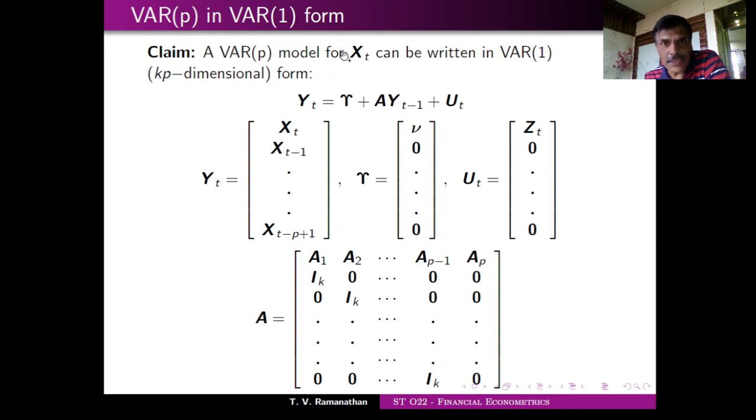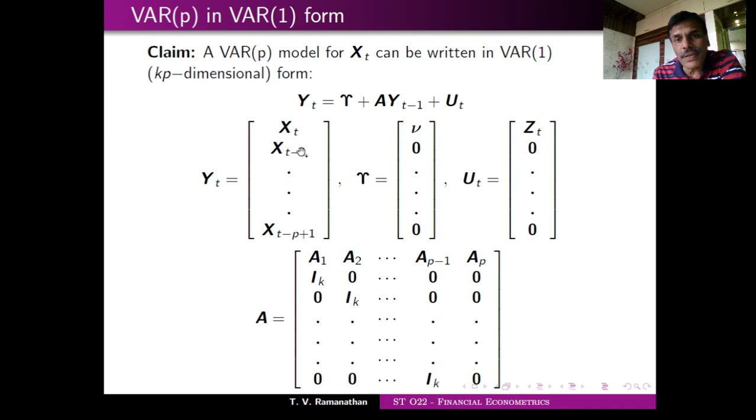Here x_t is the original VAR(p) and y_t is the rewritten VAR(1). What is the dimension of x_t? k by 1. And what is the dimension of y_t? kp by 1. Why? Because in the sense that we are going to write it and show it to you.